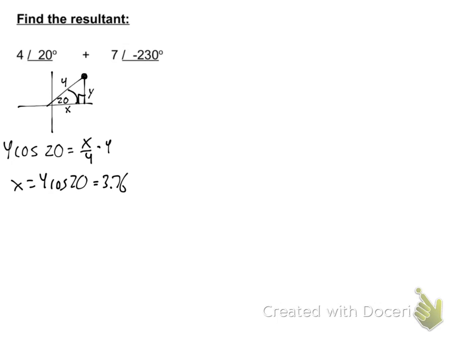Well, we got to find y. So instead of using cosine, I'll use sine 20 equals y over 4, multiplied by 4. You're going to find that you're going to keep doing this over and over and over again. But y is equal to 4 sine 20, and I don't think that's going to be nice either.